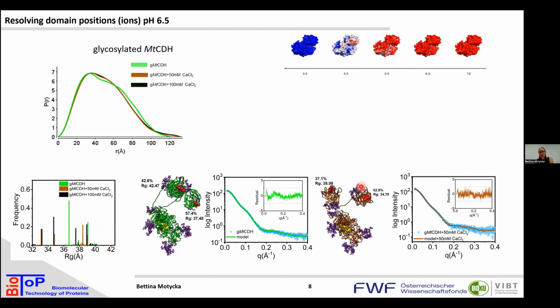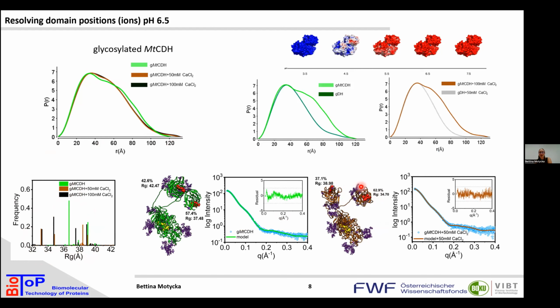And to make it clearer, we performed again these reference experiments with the DH domain. First, to confirm that the DH domain is not influenced by the calcium, and second, to see that the disappearance of this peak really is attributable to the mobility of the cytochrome domain.